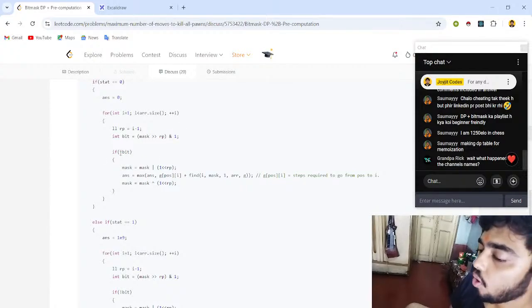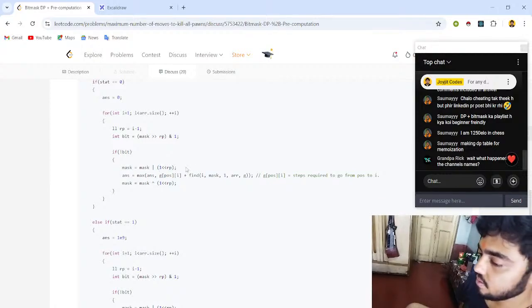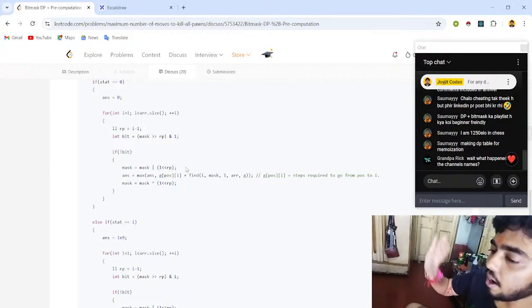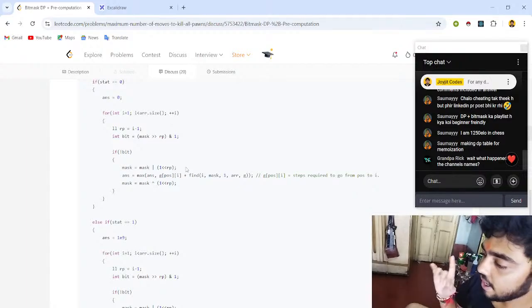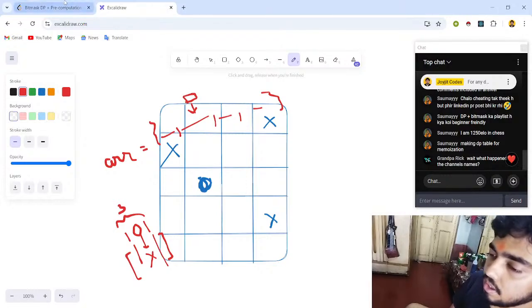Now if not bit, which means if the bit is even, because we know about the last position, he is masking that with 2 to the power rp. Okay, because that position is marked right now. We know that we have visited that position. Let's say we have visited this position, so we are just masking this position in the bit mask.